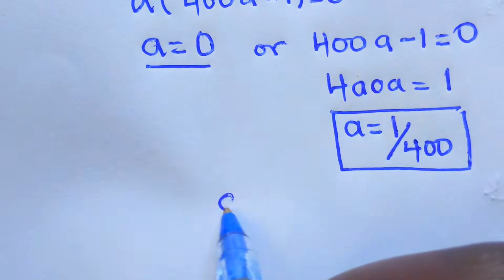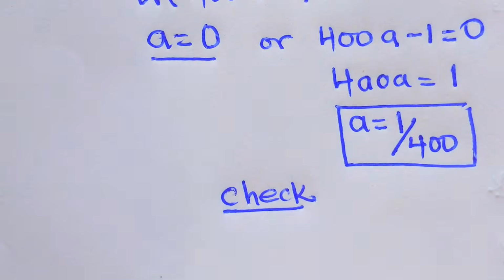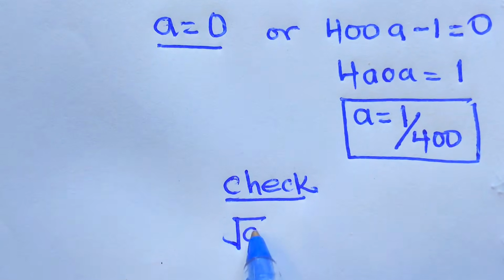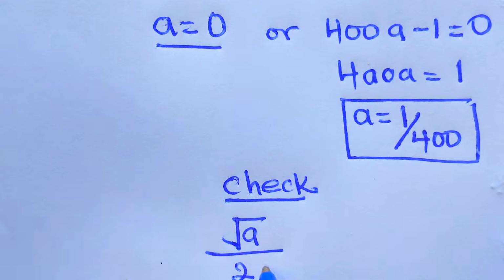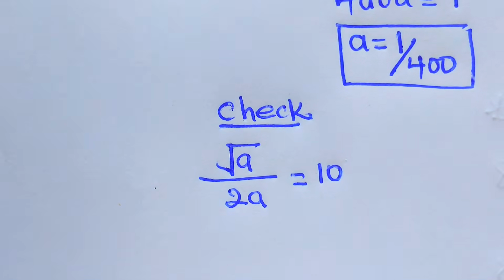Now we have to check if the answer is correct, so we copy: the square root of a over 2a equal to 10.